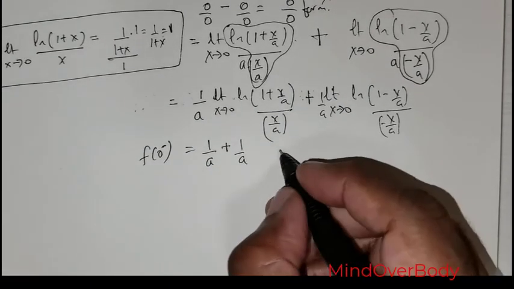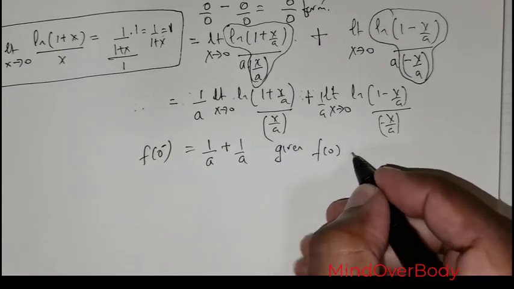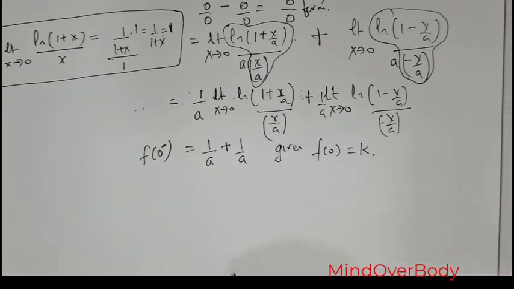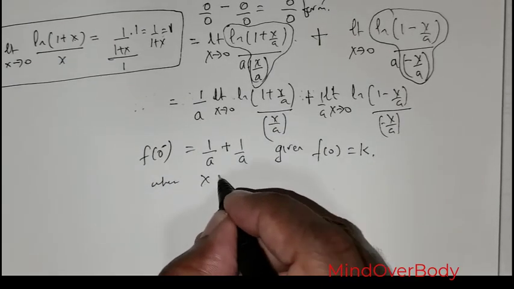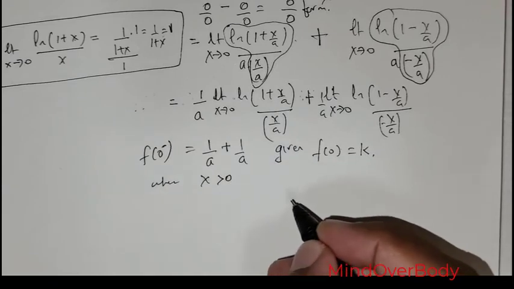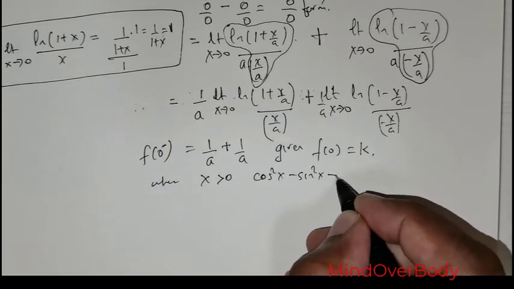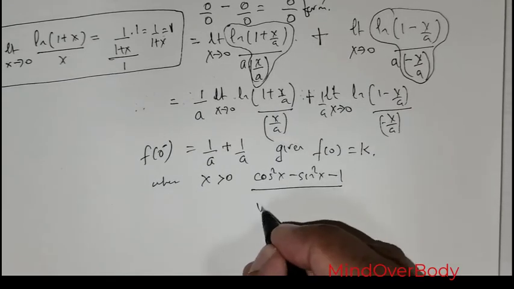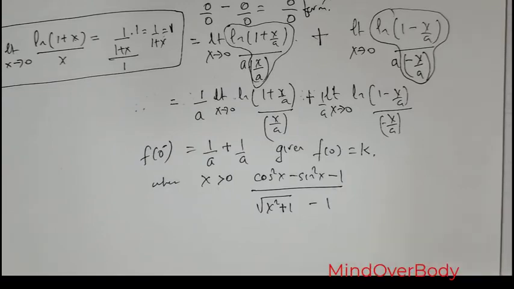Now it's also given that f of 0 is equal to k, and when x is greater than 0, we have cos squared x negative sine squared x negative 1 divided by root of x squared positive 1 negative 1. So this is what is given.